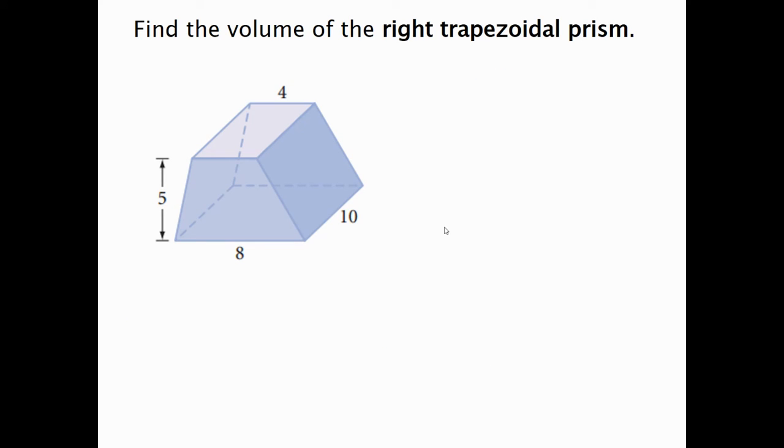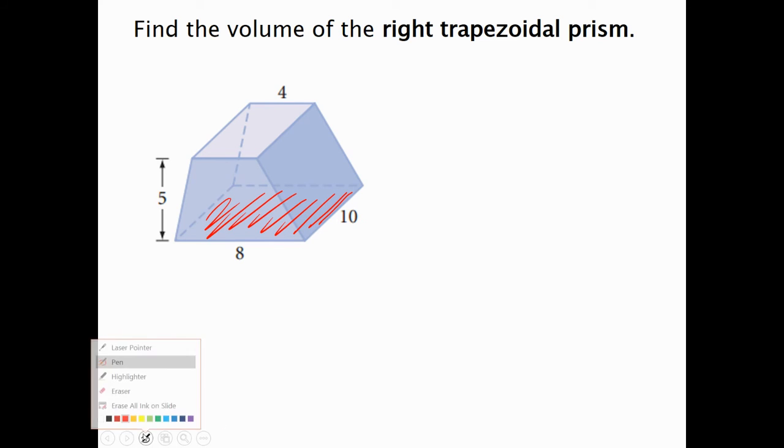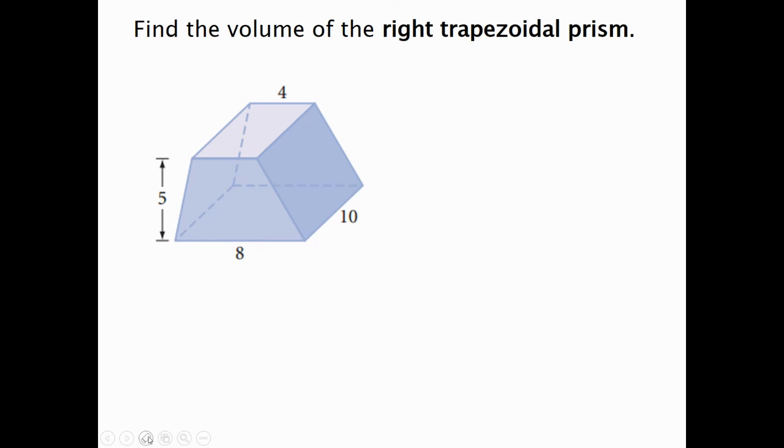Okay, next one, trapezoidal prism. So this one's a bit trickier because if we find the area of this bottom and we stack them up, it's not going to be consistent throughout. So that's not going to help us. We're going to have to find the area of the shape, which is consistent throughout, which is this trapezoid, and we're stacking it this way.